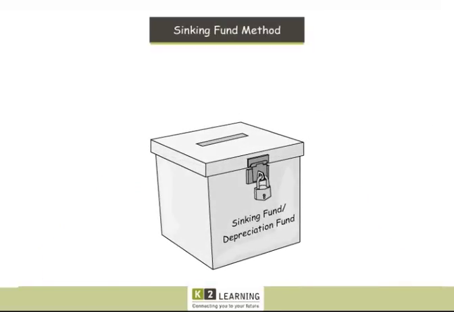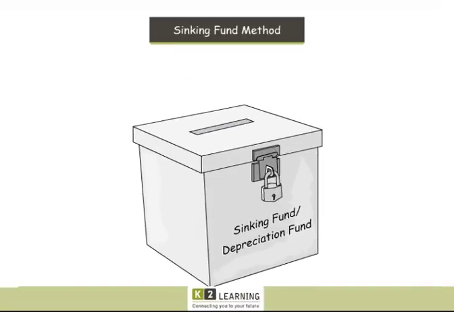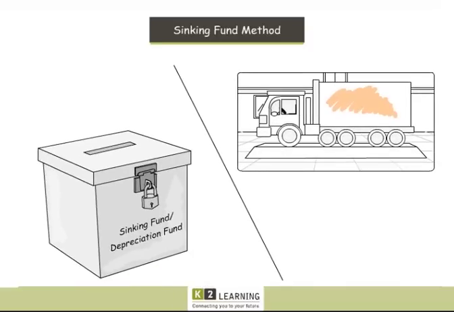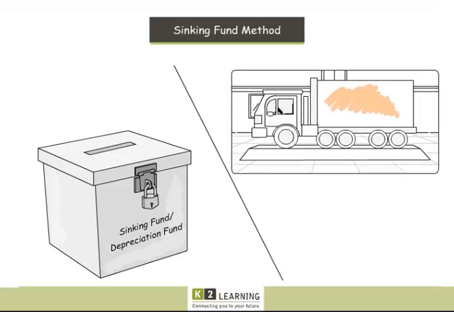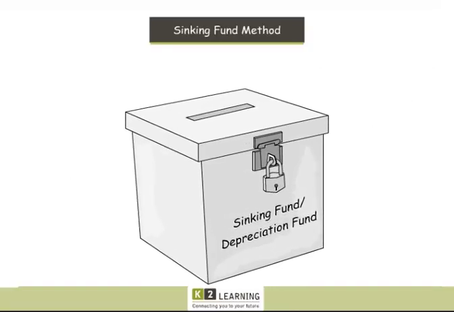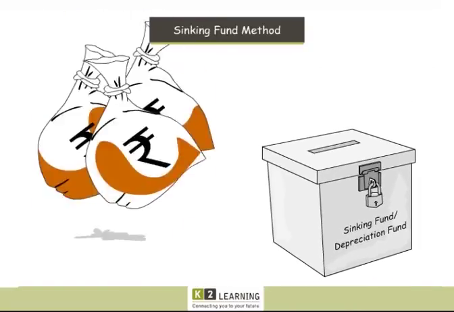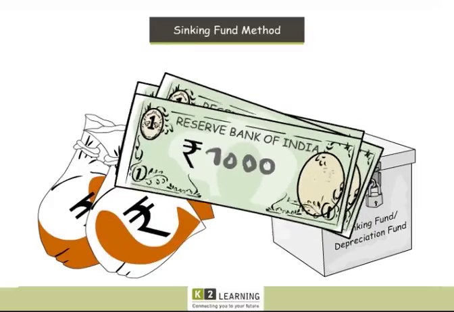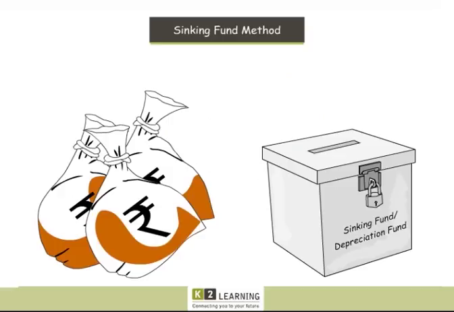In the sinking fund method, a sinking fund, also known as the depreciation fund, is created for the purpose of accumulating sufficient funds to replace the asset at the end of its useful life. An amount equal to the annual depreciation of the asset is charged against the profits every year and accumulated in the form of a depreciation fund.